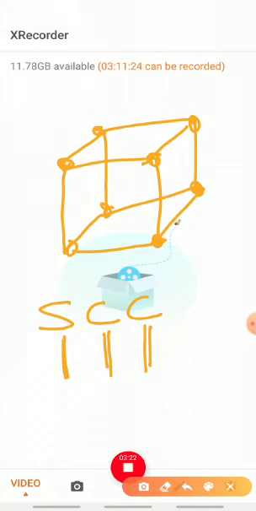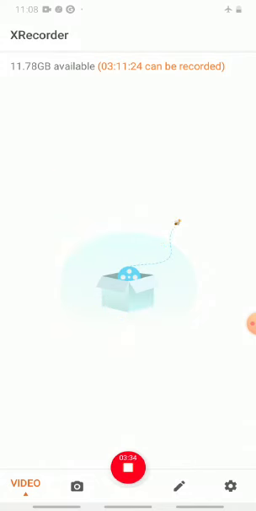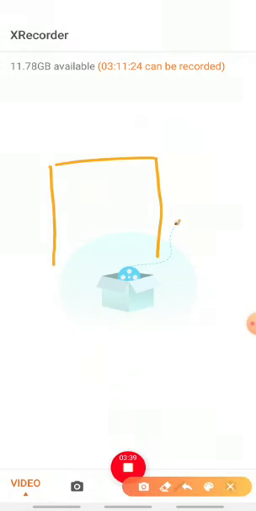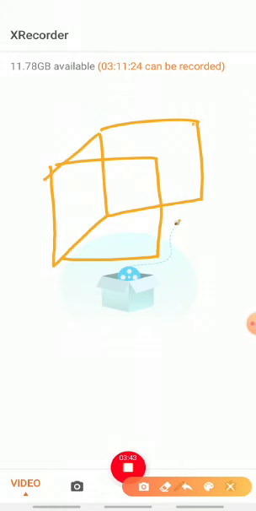What is this constituent particle? Once more I am repeating, constituent particles means it can be an atom, it can be an ion, or it can be a molecule. Okay, now once more I will draw SCC. If you see the 8 constituent particles at 8 corners, it is called SCC.